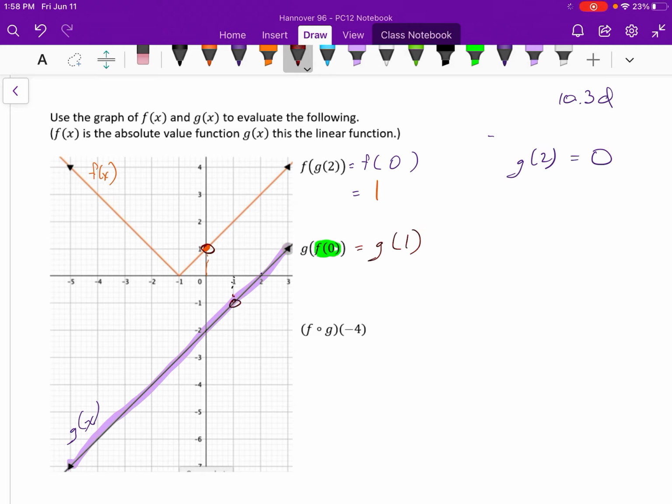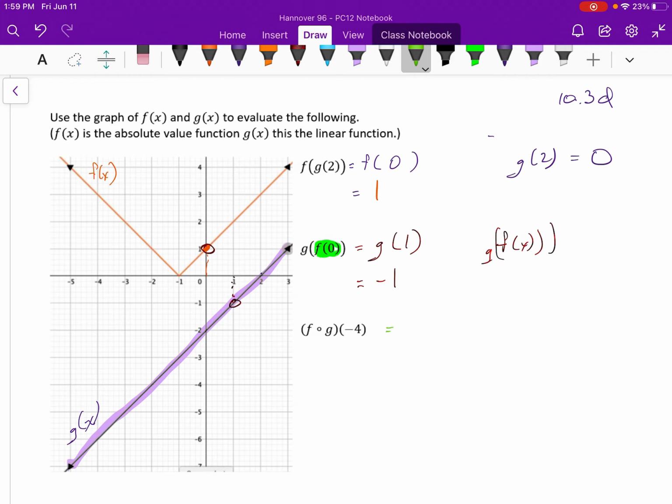When my input is 1 on my function g, what is my output? My output is -1. So this means that g of f of 0 is equal to -1. So if you were to graph g of f of x, for example, what points does it have? I have no idea, but now it has at least one of them. So if you wanted to draw it out, you might have to do this process over and over again.